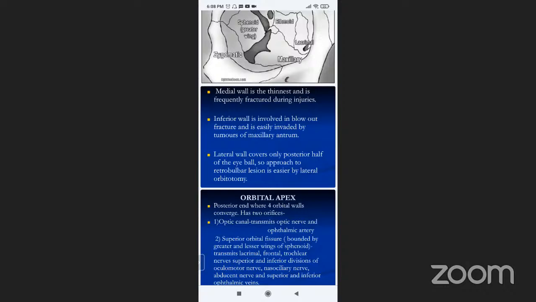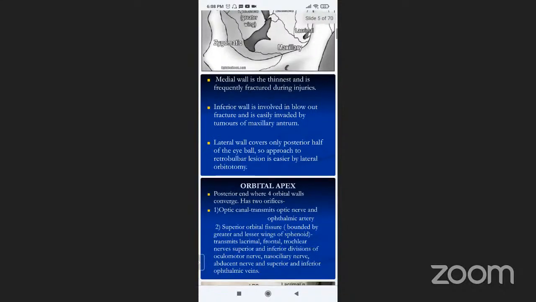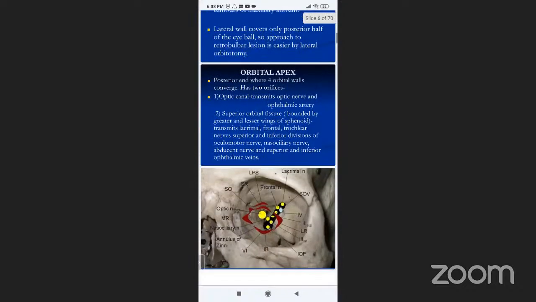In orbital surgeries, like in orbital tumors, while we remove the tumors, an approach to the intraorbital cavity is easy through the lateral orbitotomy. That is, when you remove a portion of the lateral orbital wall, we can easily approach the posterior part of the orbital cavity.